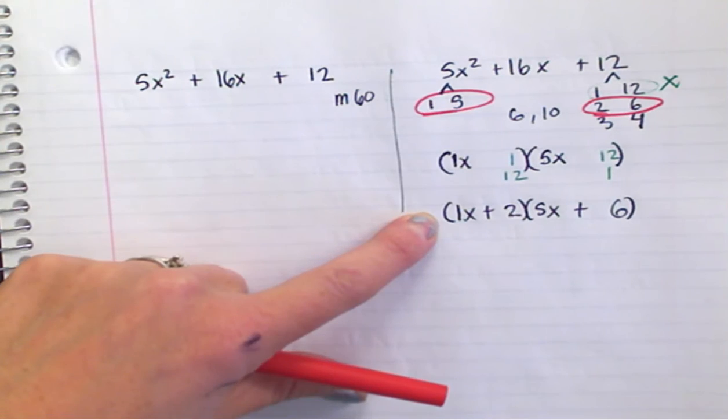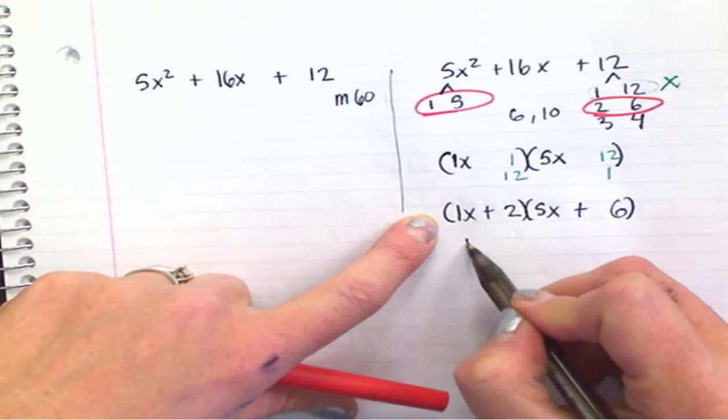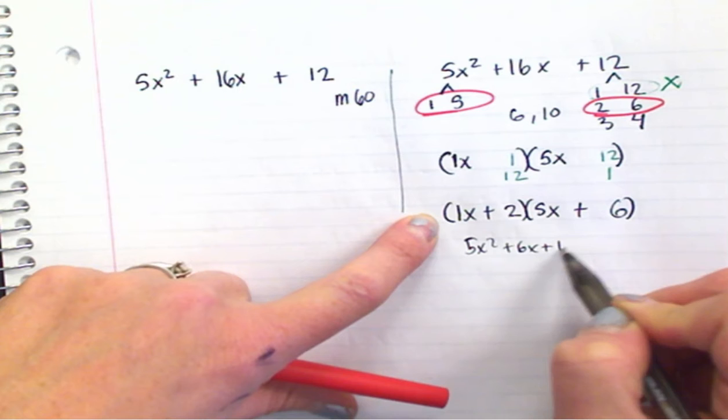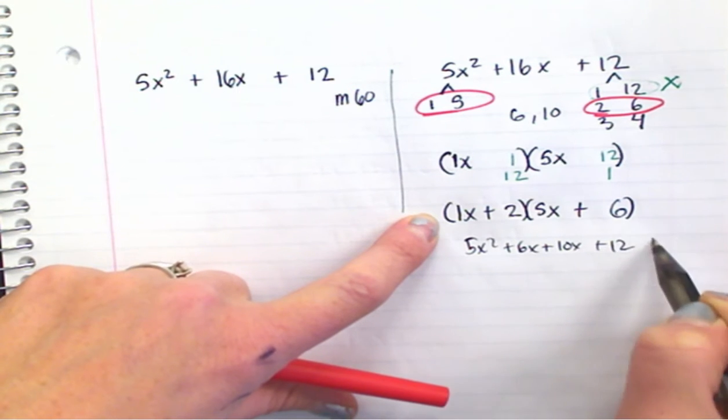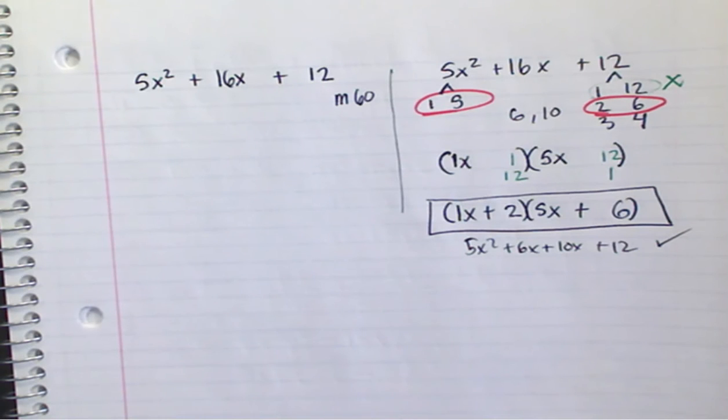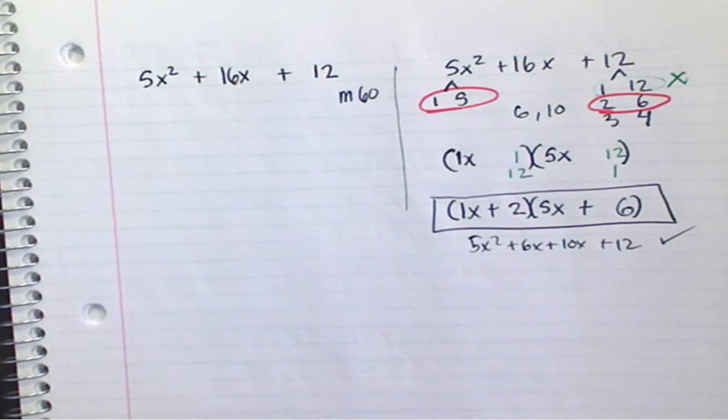Okay, check it. 5x squared. Systematic. The more you practice systematically going through your choices, the faster you get. Prime numbers make it significantly easier.